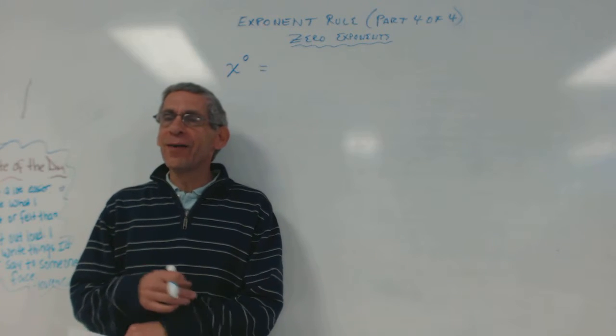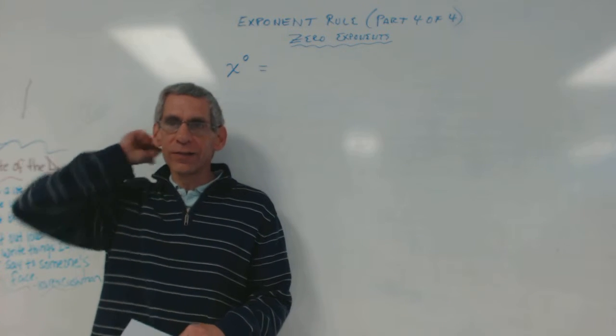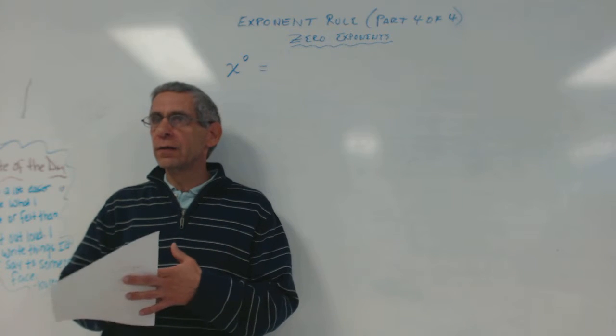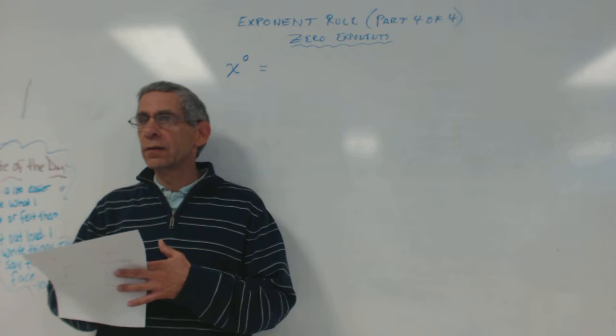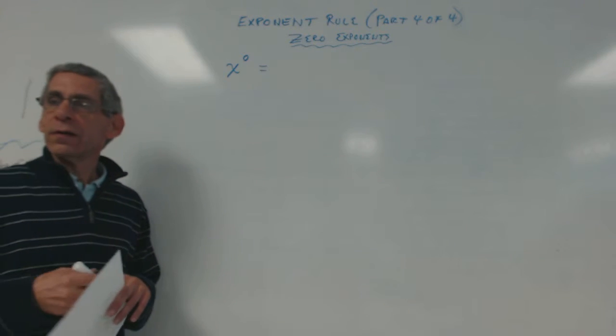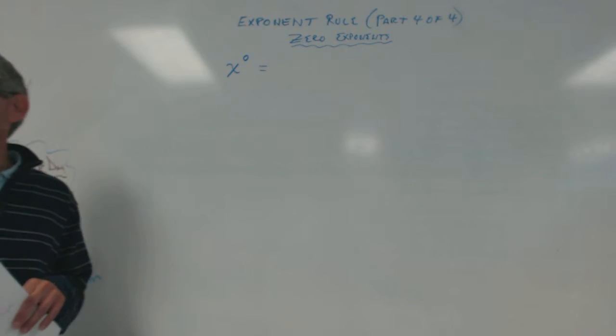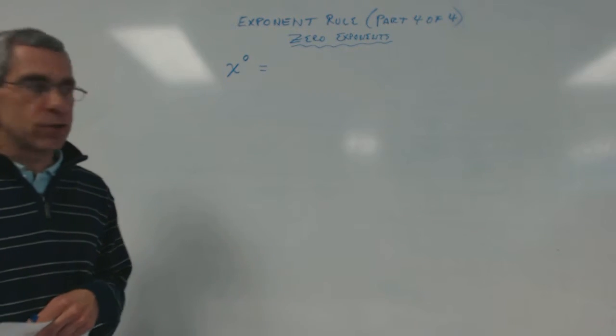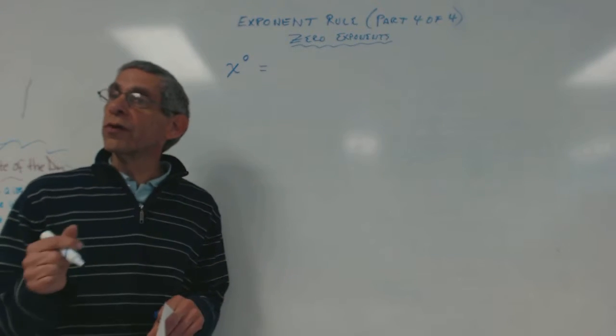Understand me? Okay. So somebody else raised their hand. Who else had an idea? Okay, so my question, before we get the answer, let's think of another rule that we know.